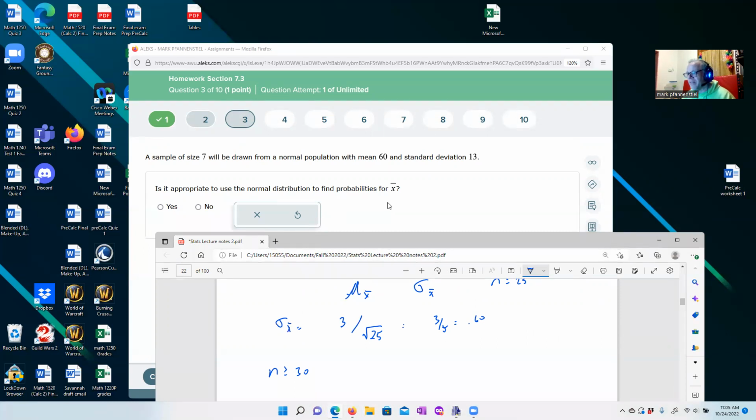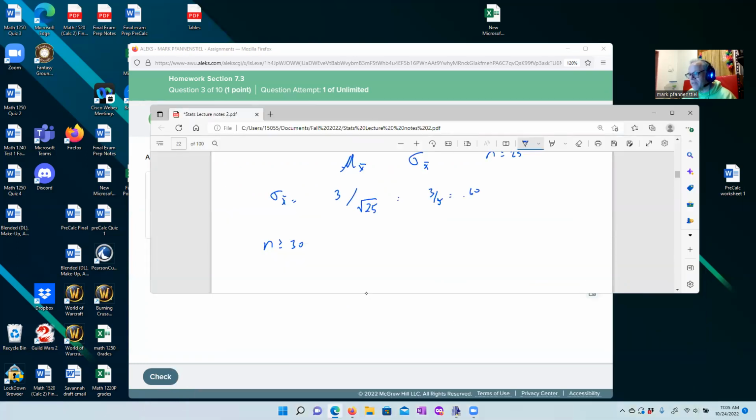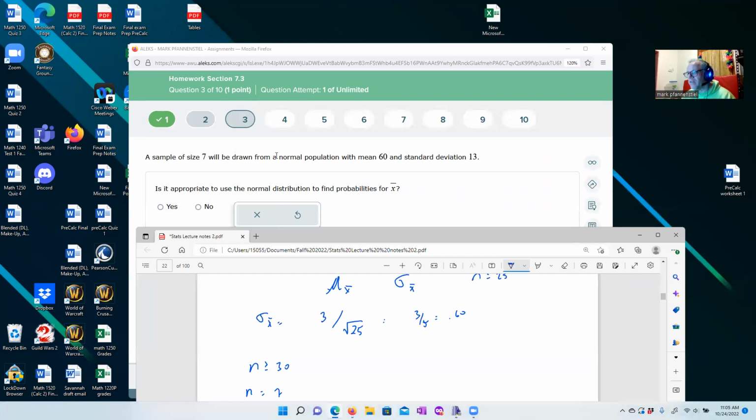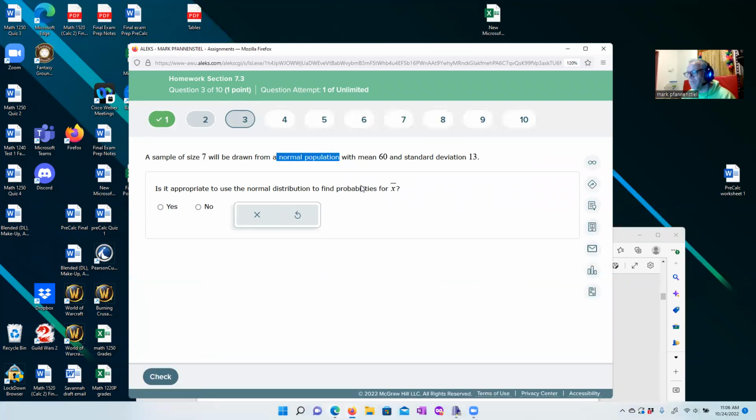Since we're not looking into that, we're going to go with what this book says, 30, and not worry about it. So it's a sample of size 7 drawn from a normal population. You'd say, wait a minute, 7 is not bigger than 30. Well, in this case, the central limit theorem says it depends on the underlying distribution, and the underlying distribution happens to be normal, which means normality is automatically granted to X bar.